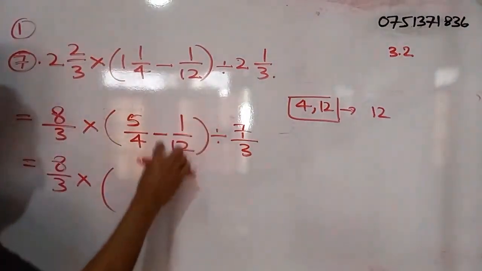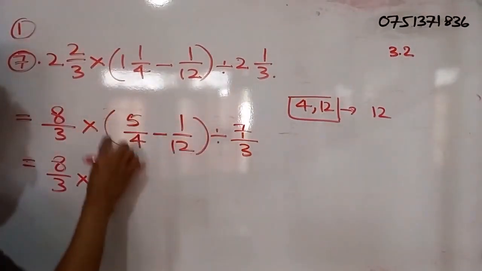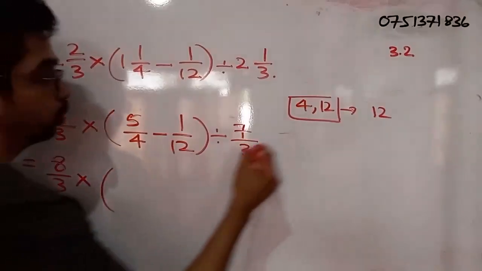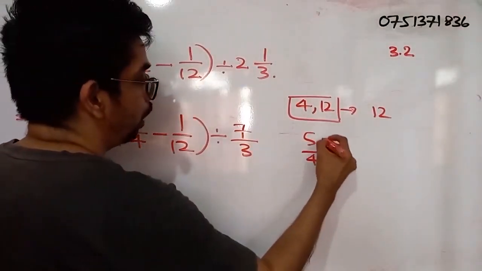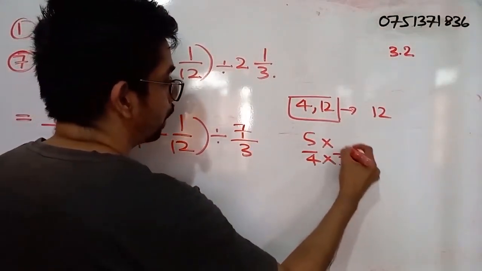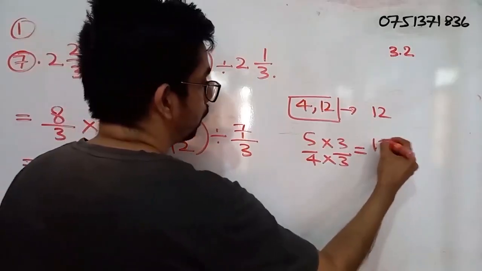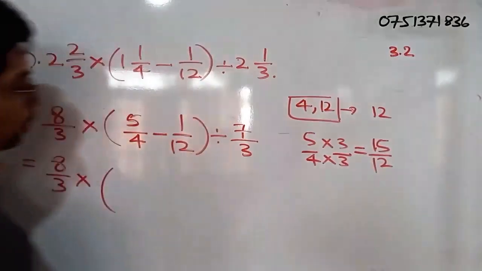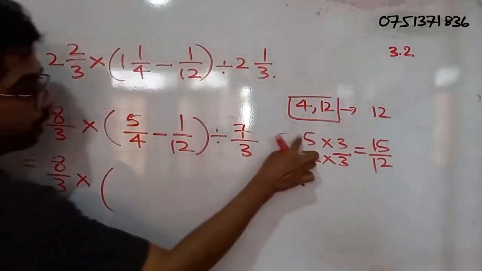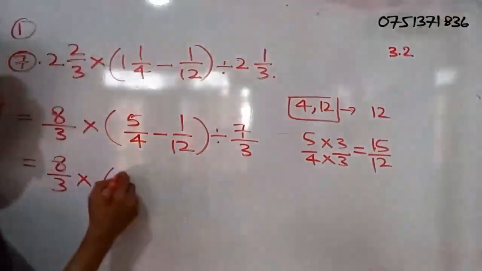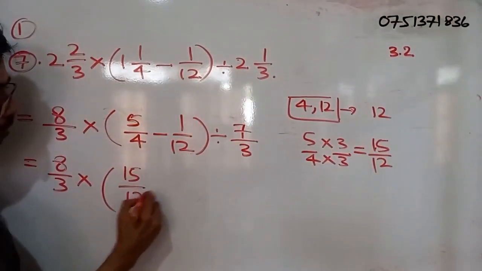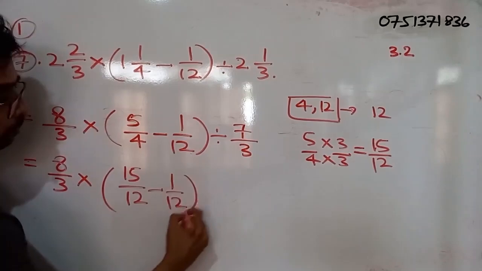Then we have to consider the least common denominator, which is 12. So we don't have to do any conversion to this fraction, but to 5 by 4 we have to do. So 5 by 4, I have to multiply the denominator and the numerator by what? By 3. So instead of 5 by 4, I can use 15 by 12. So 15 by 12 minus 1 by 12.